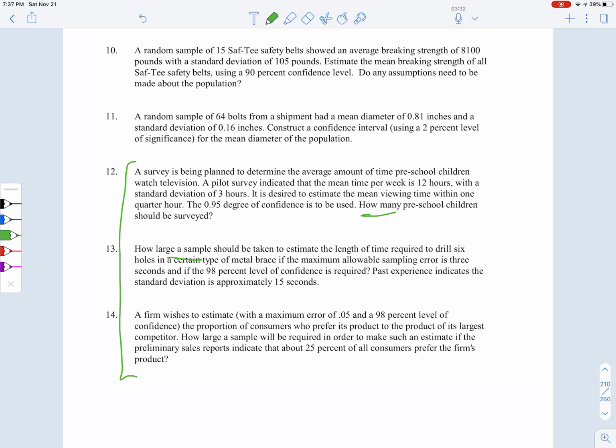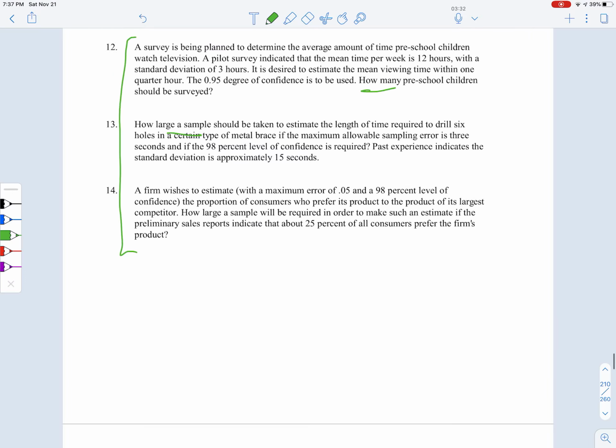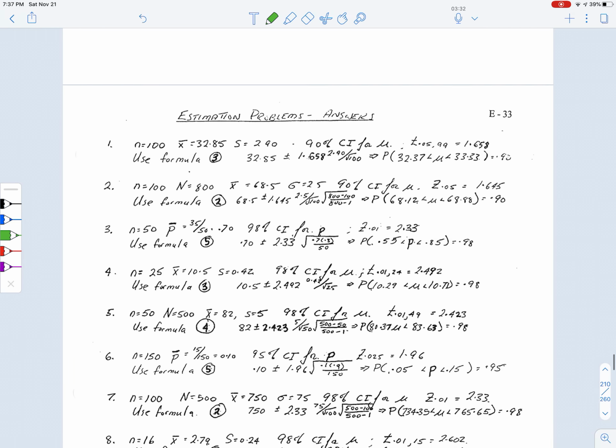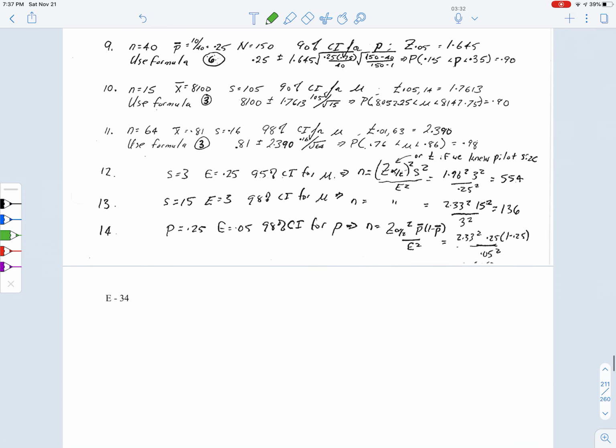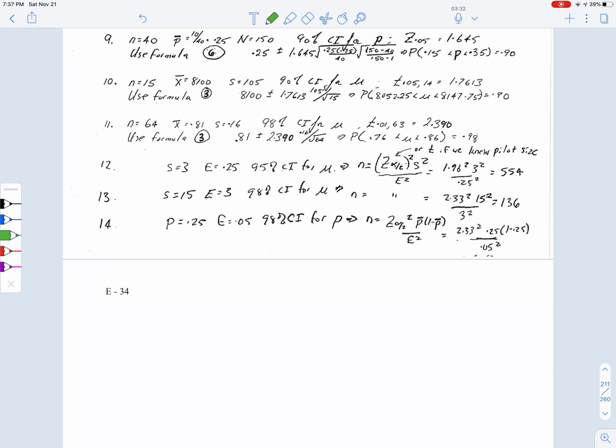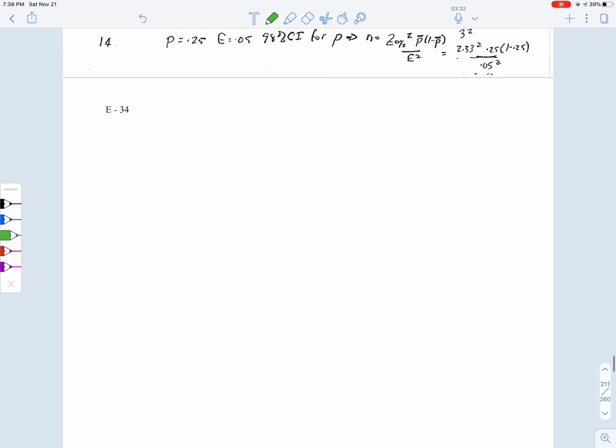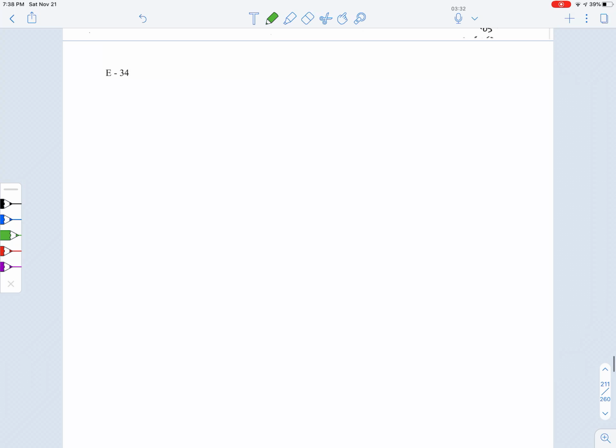So how many, right? How large a sample, and so on like that. The rest are confidence intervals. And here are the answers down here. So the confidence intervals, and then the last ones here are calculating the sample size. So that brings us to the end of this particular unit.